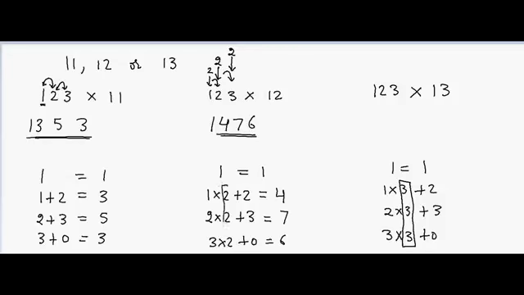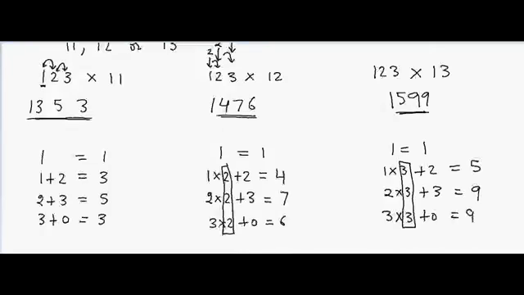Here I multiplied all the numbers by 2, and here I did not do any multiplication because it was 1. So if I add these numbers, it will be 5, 9 and 9. So the answer will be equal to 1, 5, 9, 9. So that's how I'll multiply any number by 11, 12 or 13.